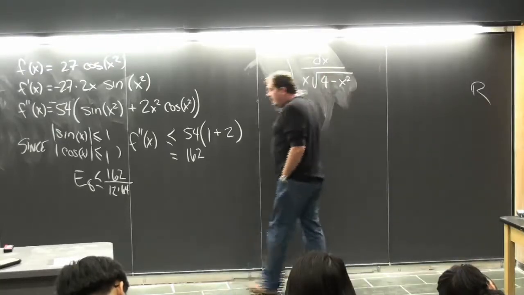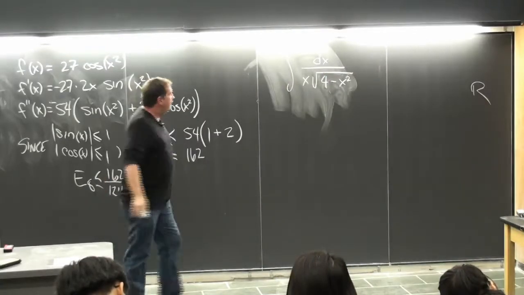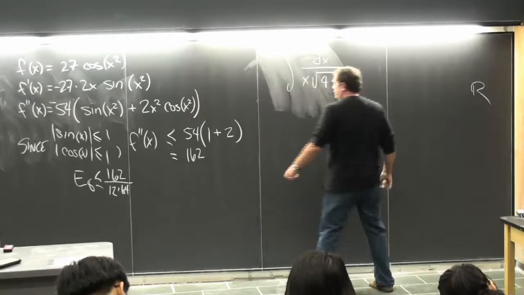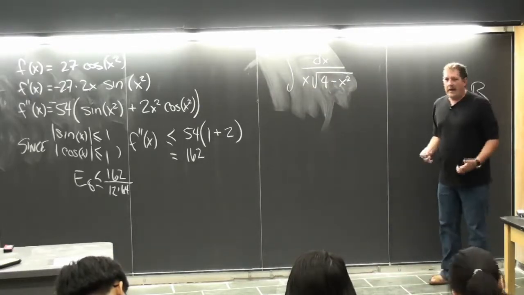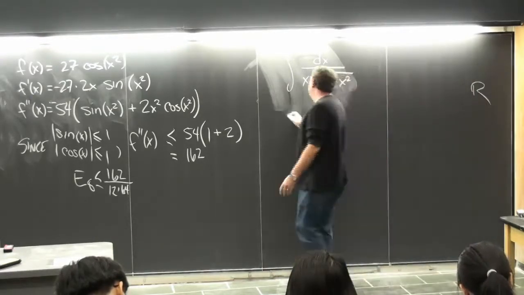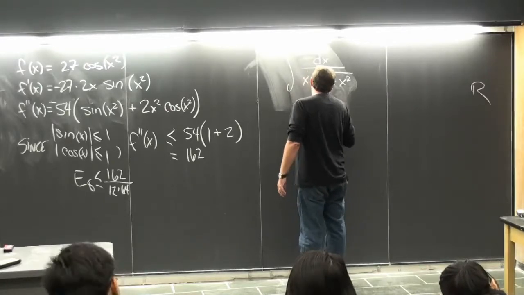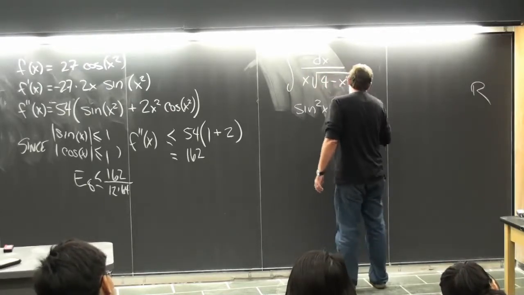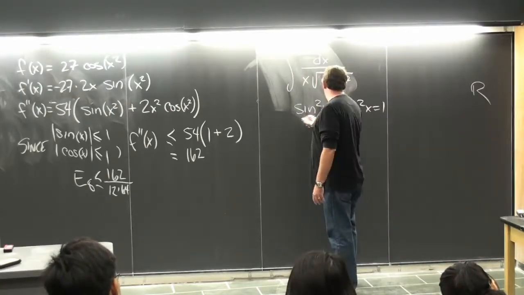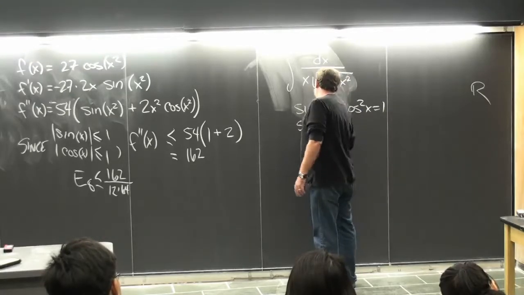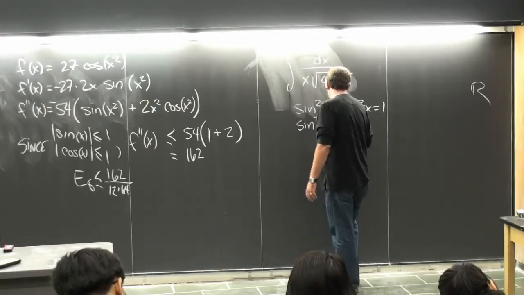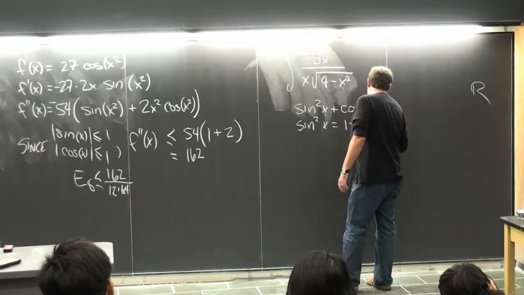All right, so here I look at this and I say, I hate this square root. I want it to go away. And I remember that sine squared plus cosine squared is 1, so that means that sine squared is 1 minus the cosine squared.